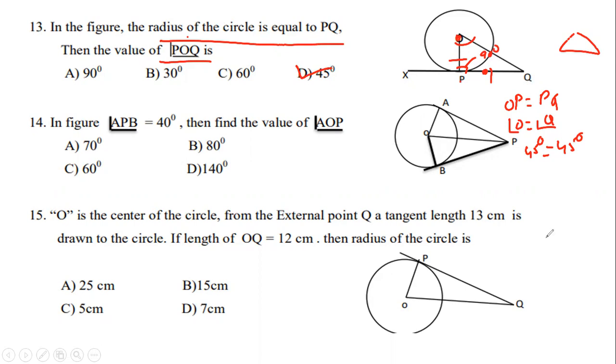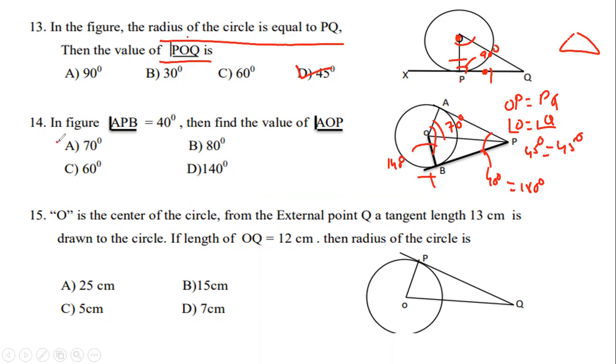Next sum, angle APB. They give 140 degrees, so this one is 40 degrees. Then AOB is dash. Already we know the sum of opposite angles is 180 degrees according to quadrilateral properties. This is 140, 140 plus 40 is 180 degrees. Half of 140 is 70 degrees.